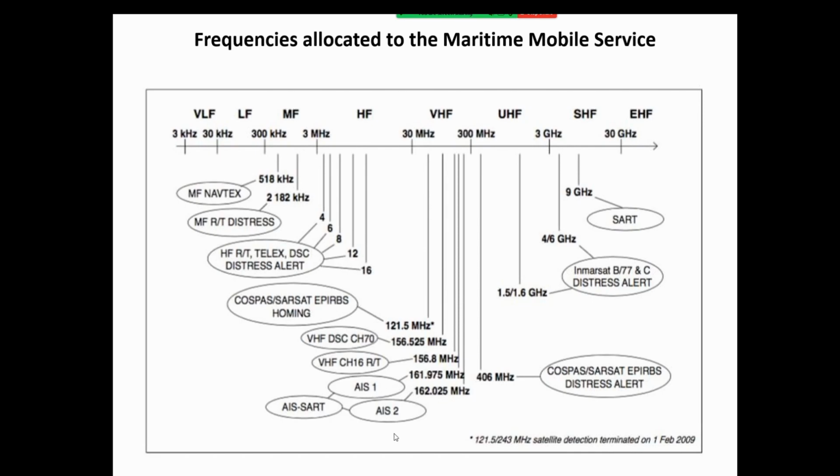We haven't looked at AIS yet. That's a little bit higher in the same frequency zone. That's an automatic identification system that ships use, similar to the transponders in an aircraft, where air traffic control knows what aircraft are out there based on their uniquely assigned code. AIS is very similar.